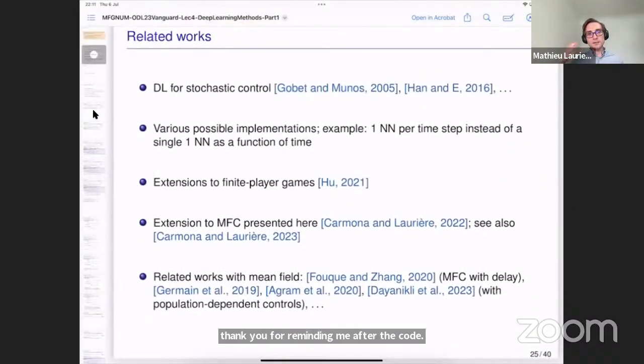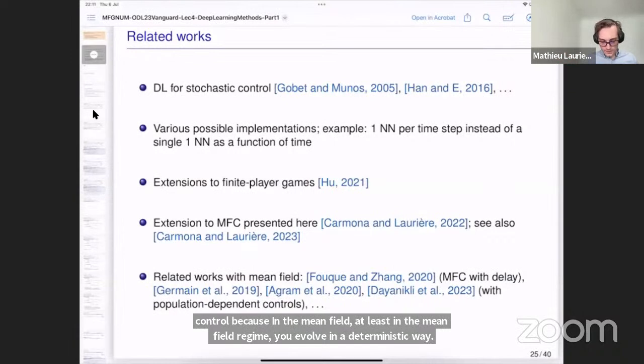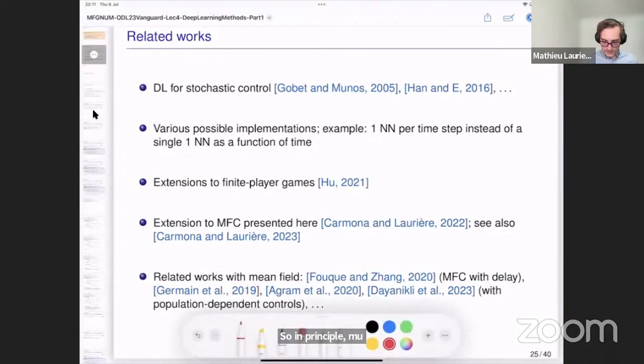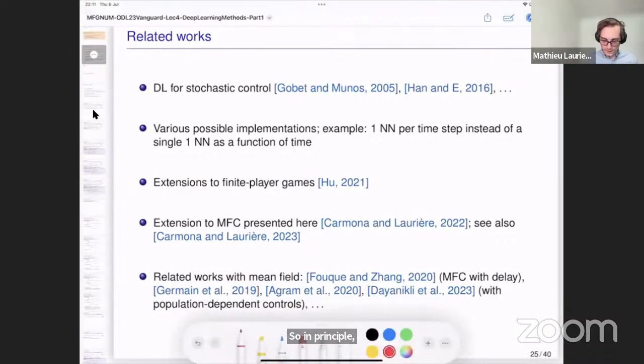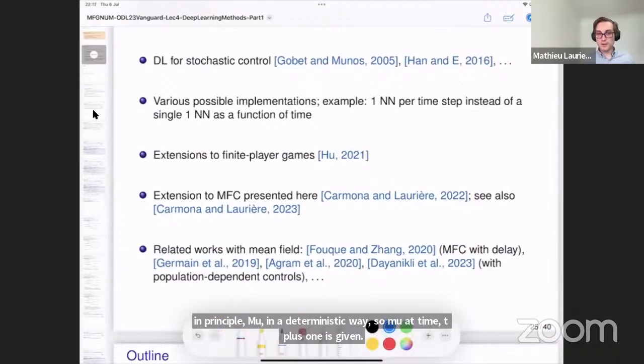So in fact, in general, you don't need to put mu in the control because in the mean field regime, mu evolves in a deterministic way. So mu at time t+1 is given deterministically in terms of mu at time t.